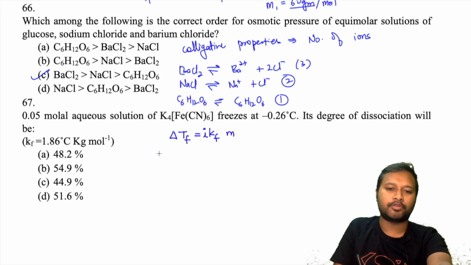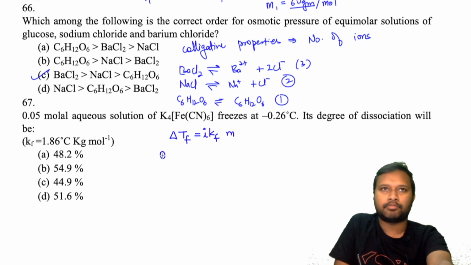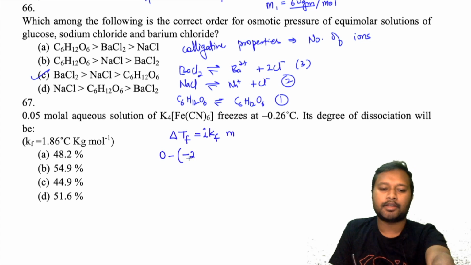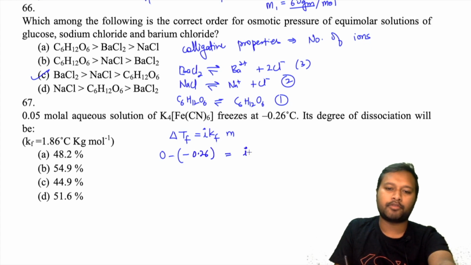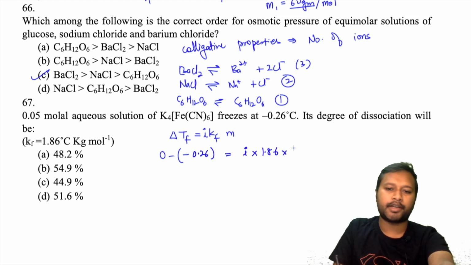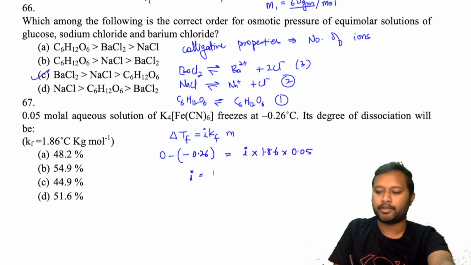Since it's an aqueous solution, the usual freezing point is 0 degrees Celsius, the new one is minus 0.26, so delta Tf is going to be 0.26, and that is equal to i. Kf value is given to you as 1.86. Since it is in degree Celsius, I have not converted temperature into Kelvin, okay, and multiplied by molality, that is 0.05. Solve this up and you will get i equals 2.80. That's your van 't Hoff factor.